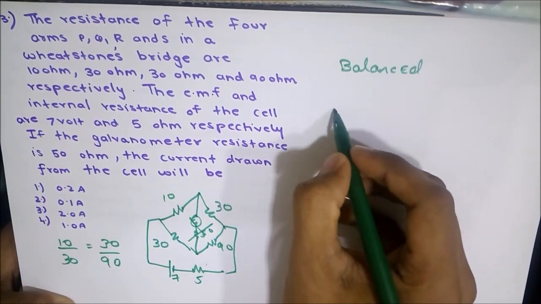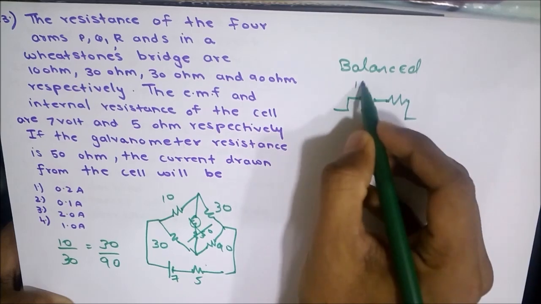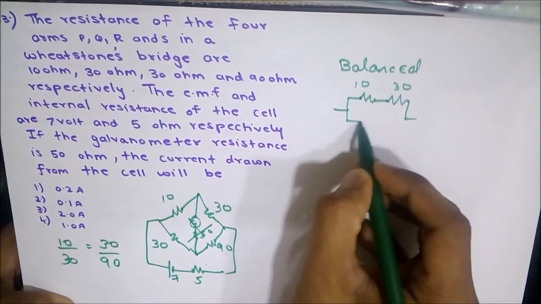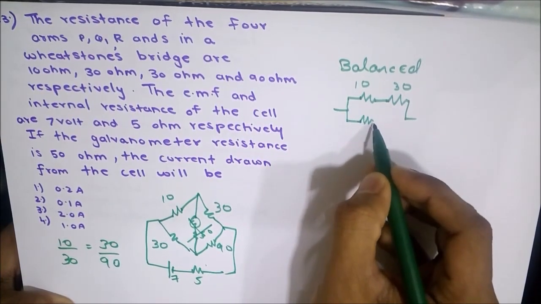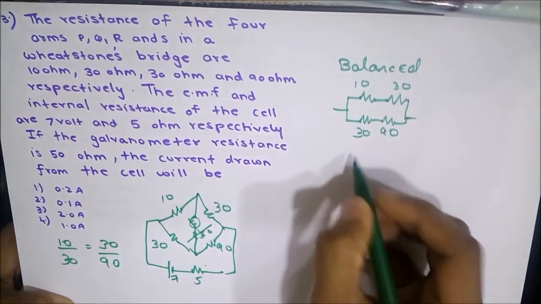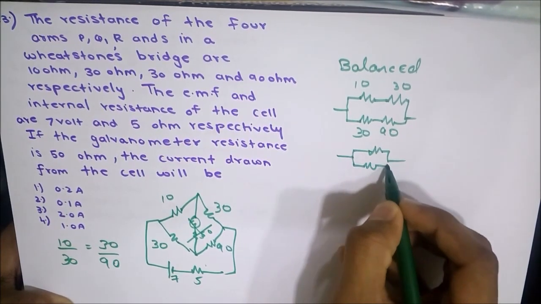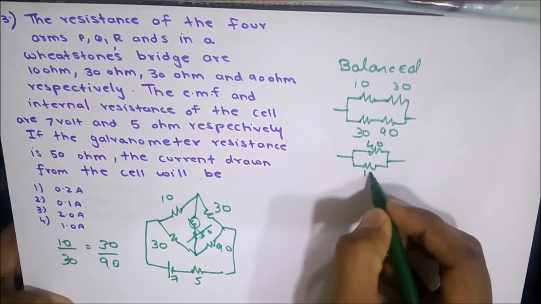So the circuit can be reduced as 10 ohms in series with 30 ohms and the parallel combination of 30 ohms in series with 90 ohms. So the circuit is 40 ohms in parallel with 120 ohms.